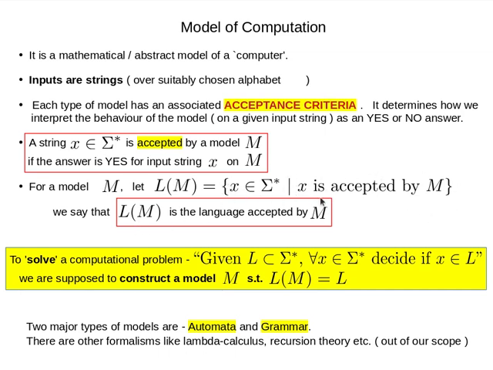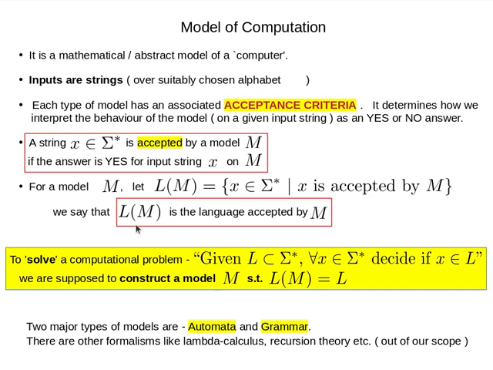If we denote our model by M, it is customary to use the notation L(M) to denote the language accepted by M. Sometimes we change it, but mostly we will use L(M).